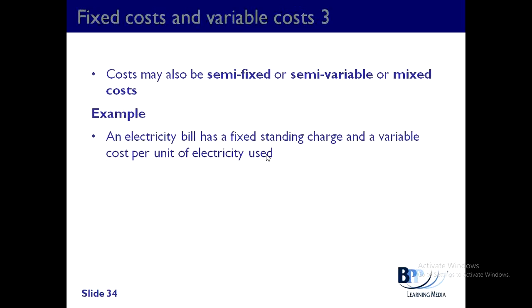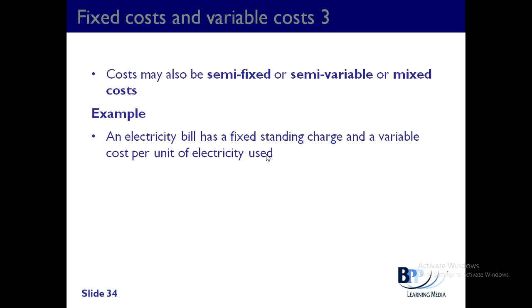All right, so we've looked at those elements that relate to costs, and we've looked at the cost classification. The last one I would love to talk about is where costs are classified as either fixed or variable costs. We can also have a mixture of variable and fixed cost in one cost.